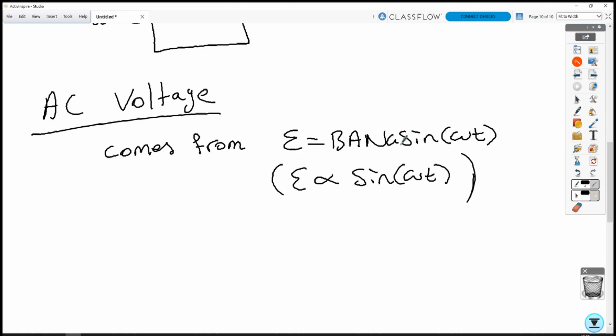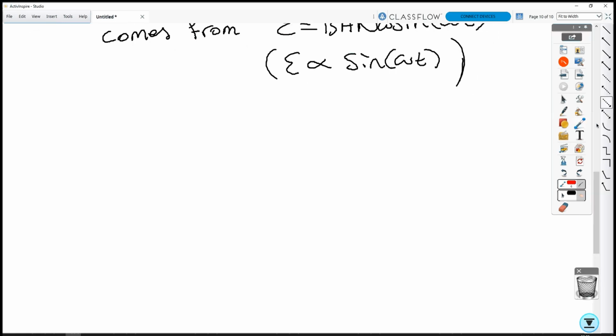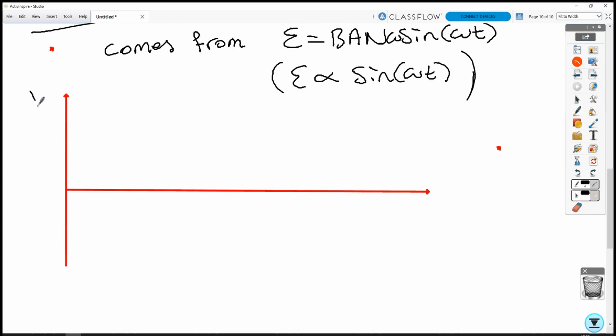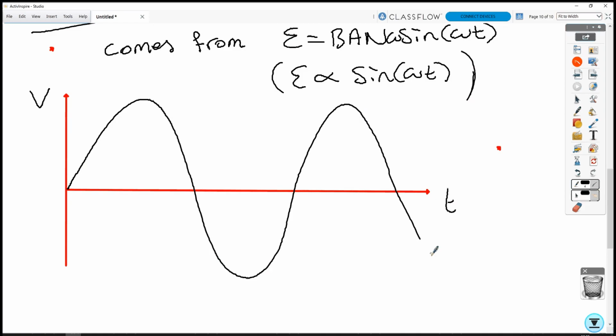Yes, there should be an omega here. So if we put V on the y-axis here and we put time on the x-axis, our graph would look something like this. So it just looks like a wave.